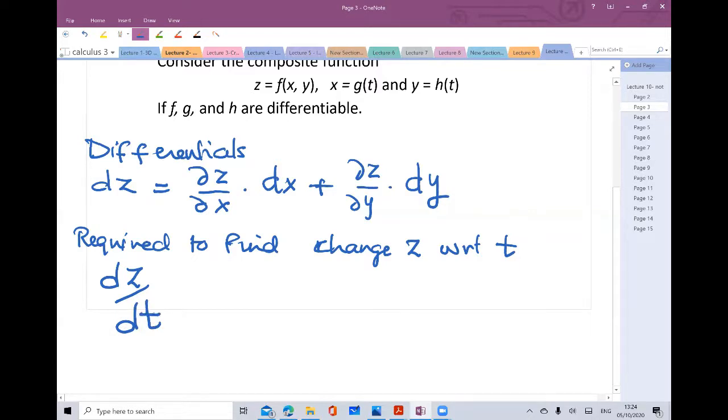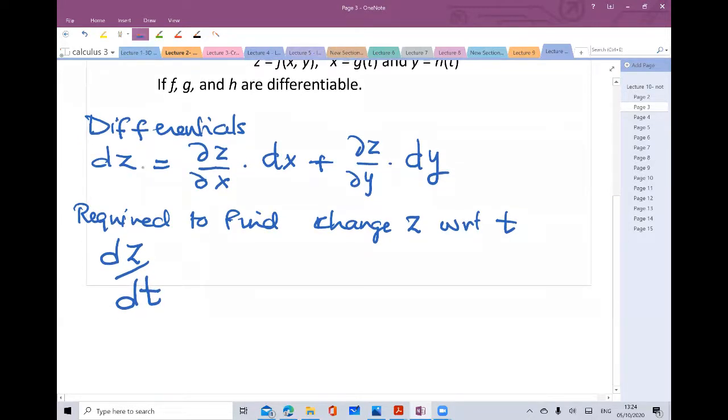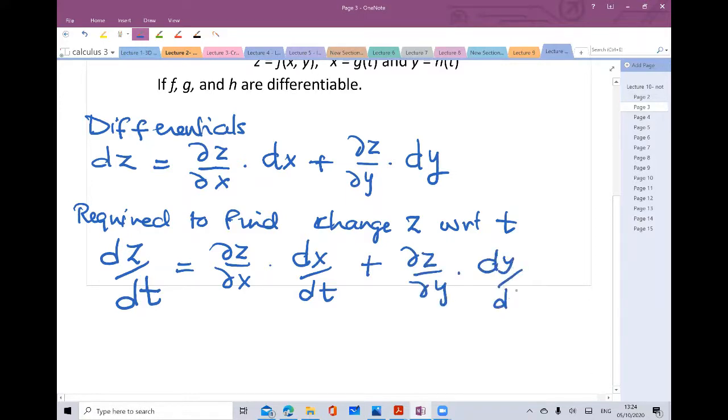If I start from this differential and apply the change with respect to t over the whole equation, I end up with partial z partial x times dx by dt plus partial z partial y times dy by dt. So now I have this formula for the derivative of z with respect to t.